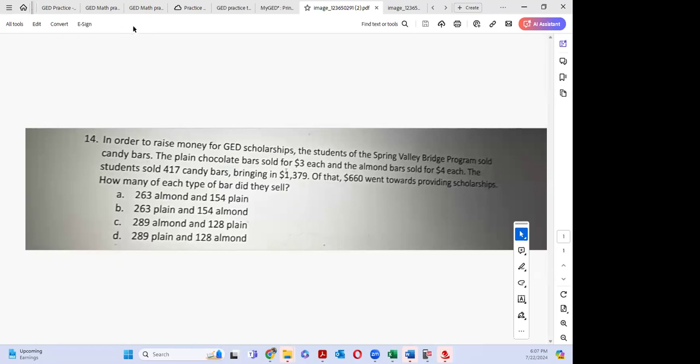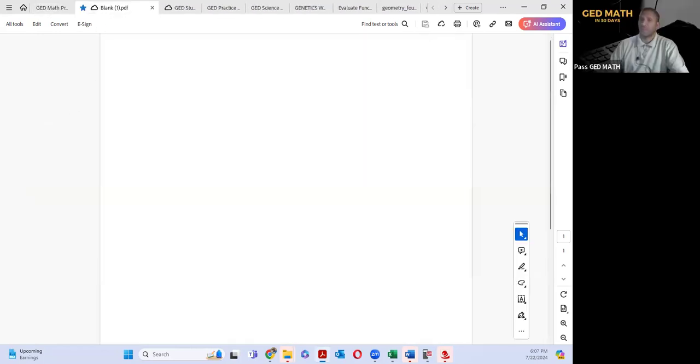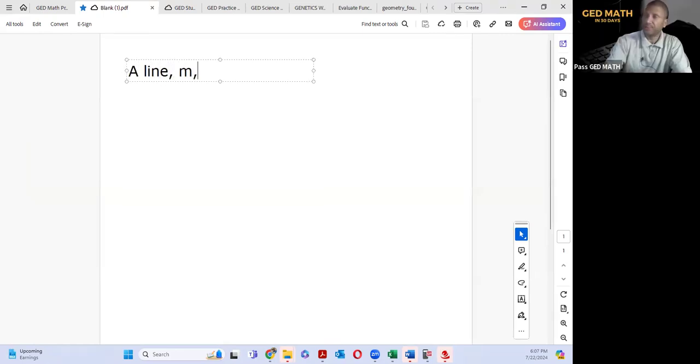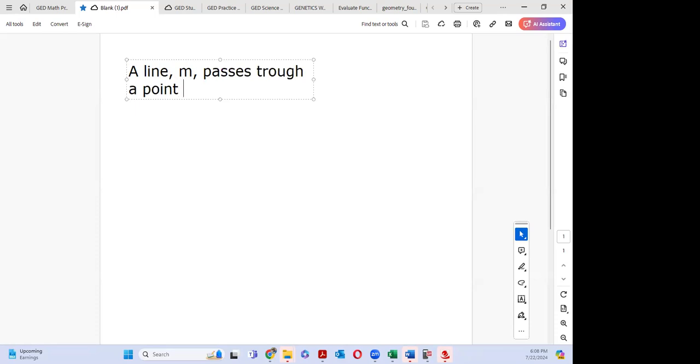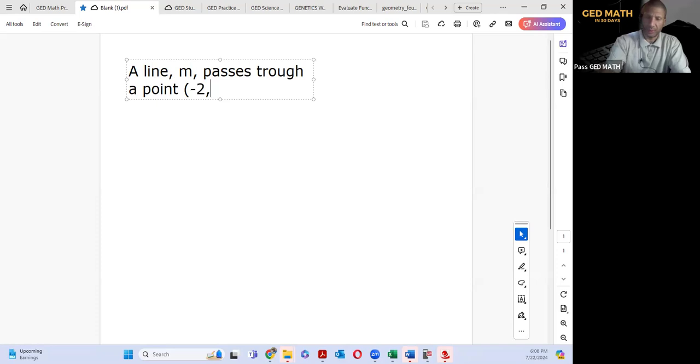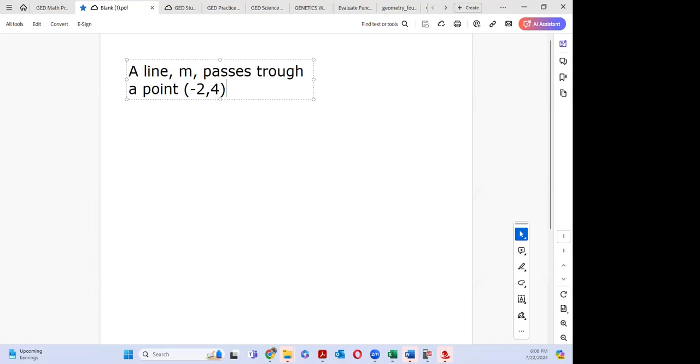Okay, so this is a slope question. A line M passes through the point -2, comma 4, and has a slope of -2.